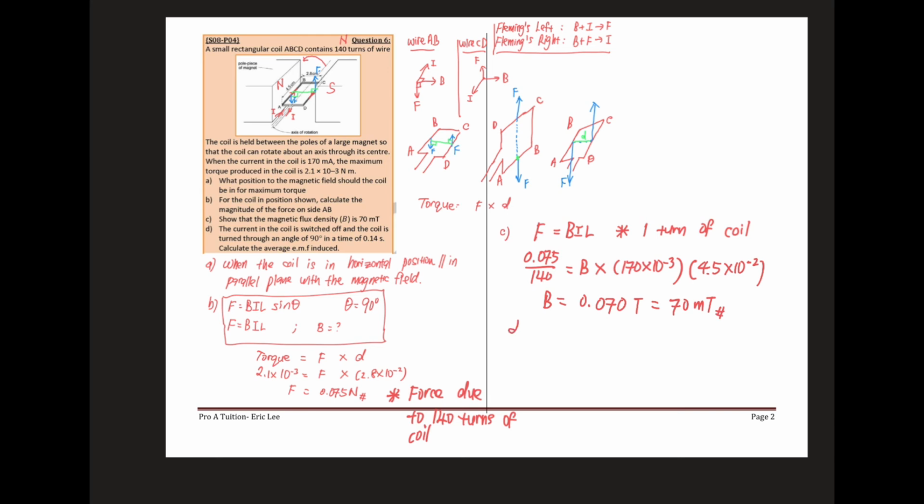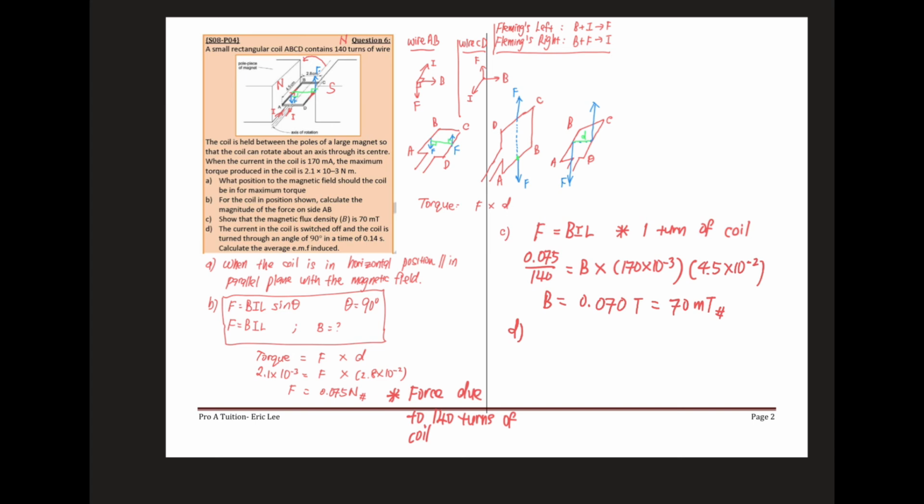And then part D, the current in the coil is switched off, and the coil is turned through an angle of 90 degrees in a time of 0.14 seconds. Calculate the average EMF induced.